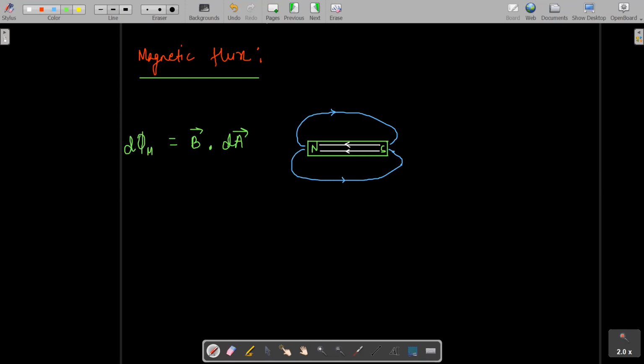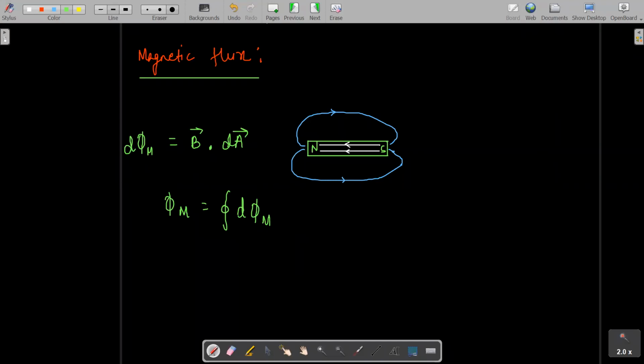And if we have to talk about complete magnetic flux, what will be the total flux, students? Total magnetic flux will be the integration of d phi, right? Integration over a closed surface, over the whole surface actually.